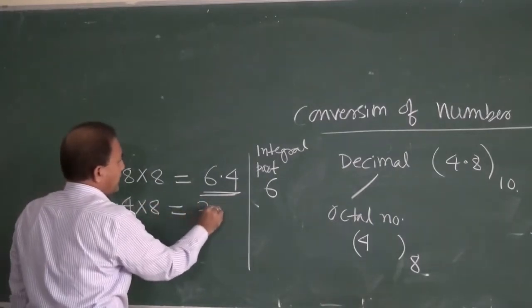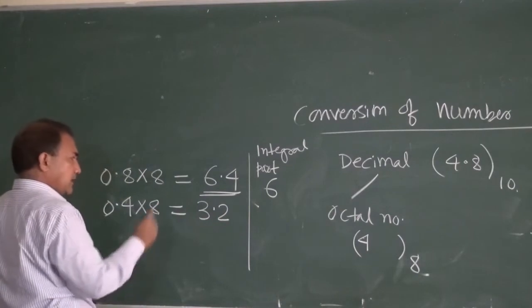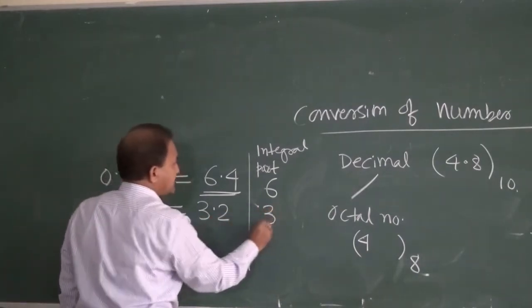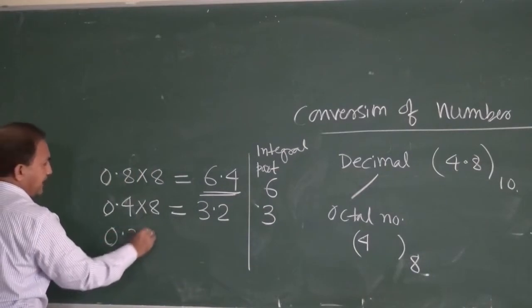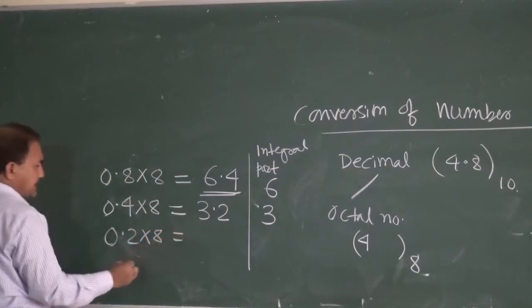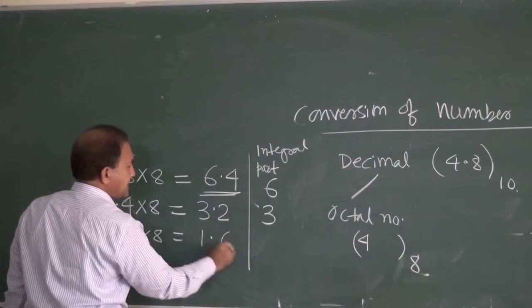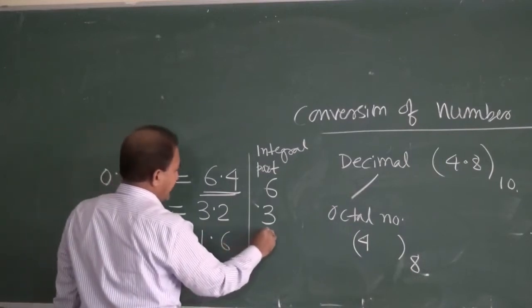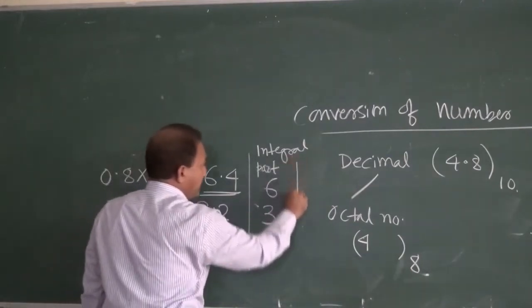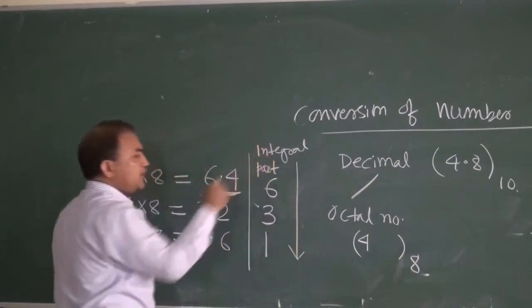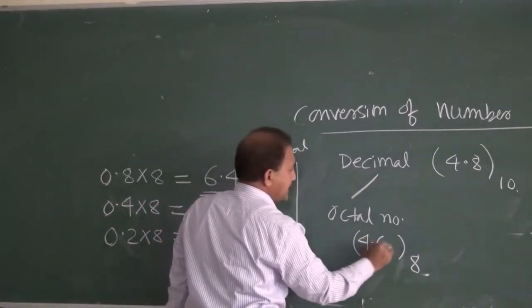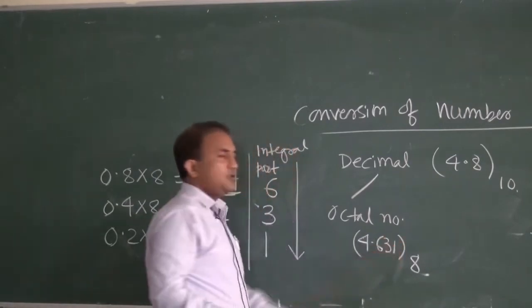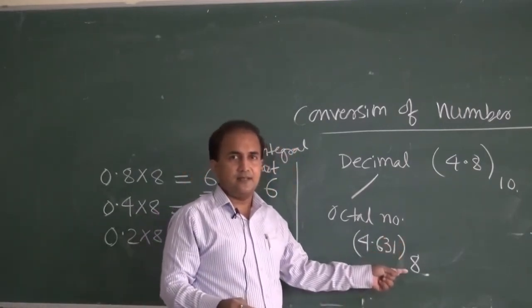So it is 3.2. Remove the integral part; it is 3. 0.2 into 8 is 1.6. Remove the integral part; it is 1. So you have to take from top to bottom. So you can write like this: 0.631 to the base 8.